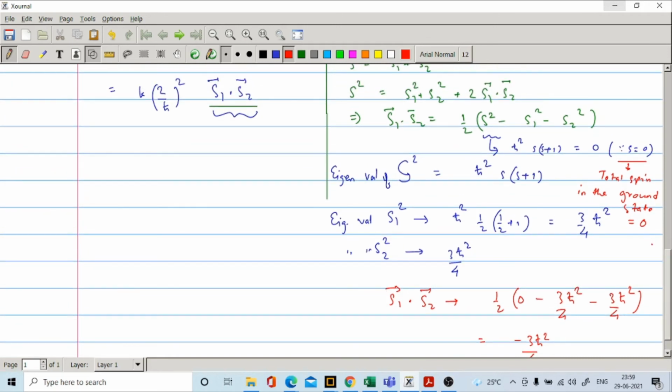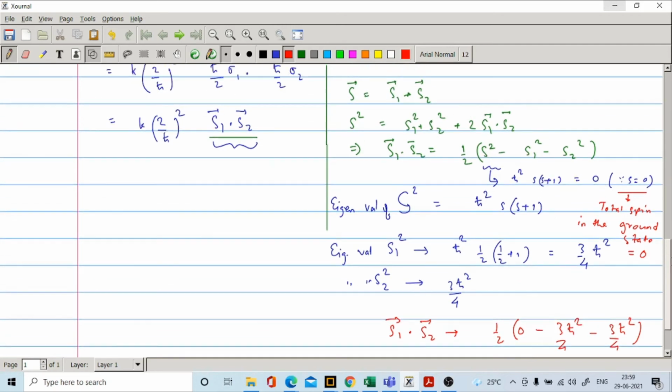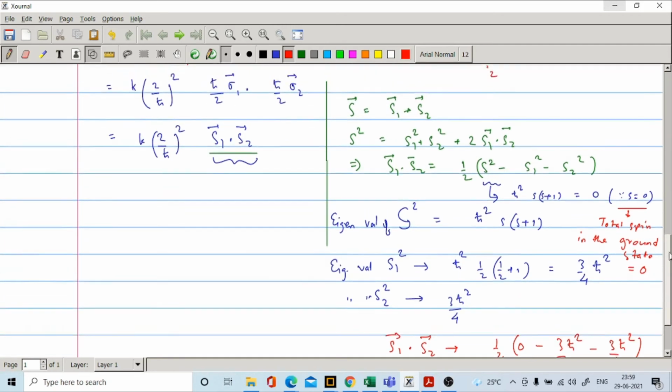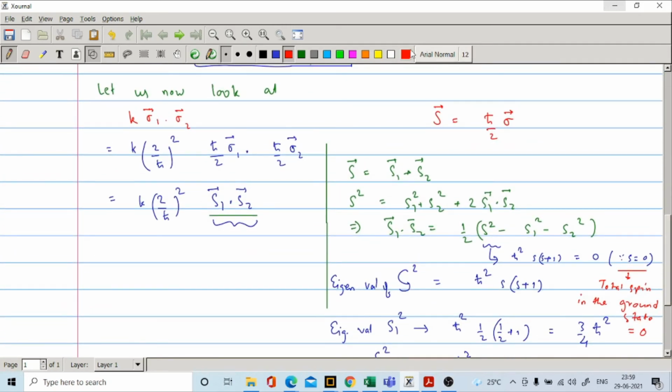Now let us put that in our original expression. Here we have k squared by h bar whole squared, and this thing is nothing but minus 3 by 4 h bar squared.